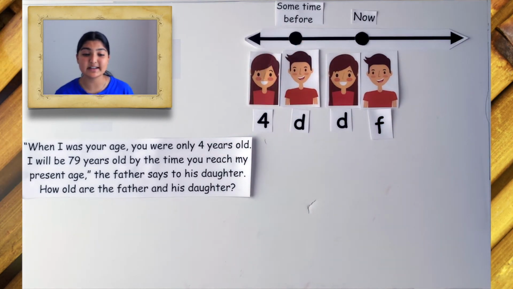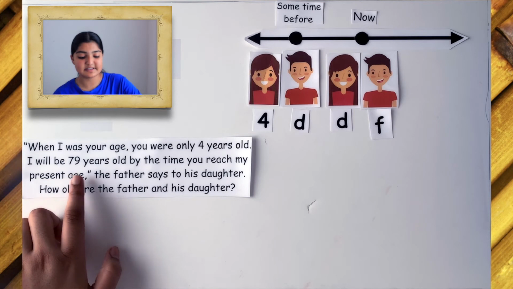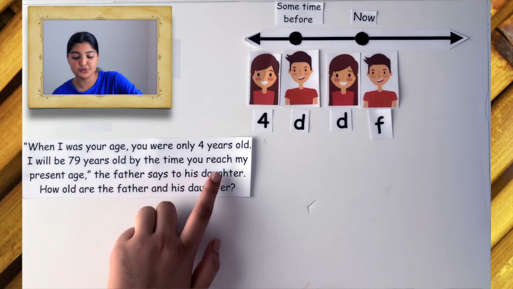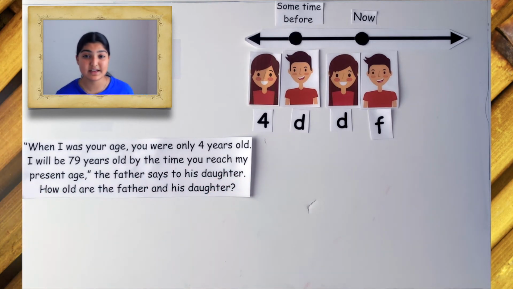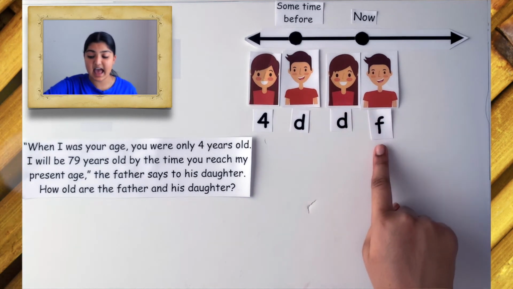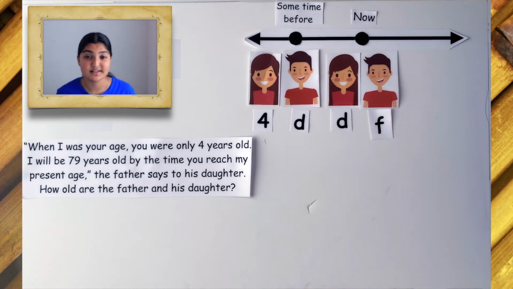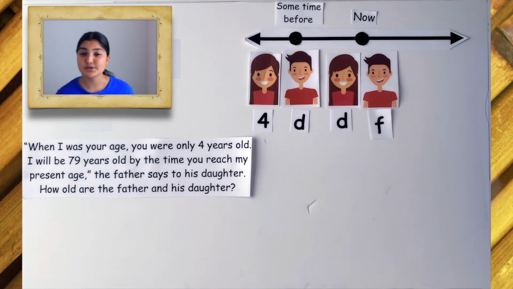Now, let's read the next part of the problem. "I will be 79 years old by the time you reach my present age." In other words, when the daughter is F years old, the father will be 79. So let's put this on our timeline as well.